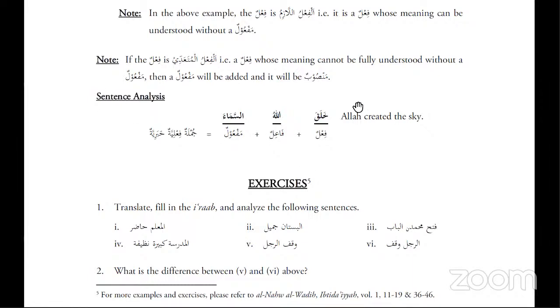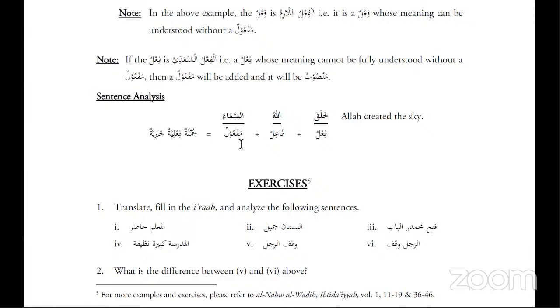Let's go back up. Khalaqallahu as-samaa. Sentence analysis. Allah created the sky. So khalaqa is what? Khalaqa is fi'l. What does fi'l mean? Fi'l means verb. Correct. Allahu is fa'il, the doer.